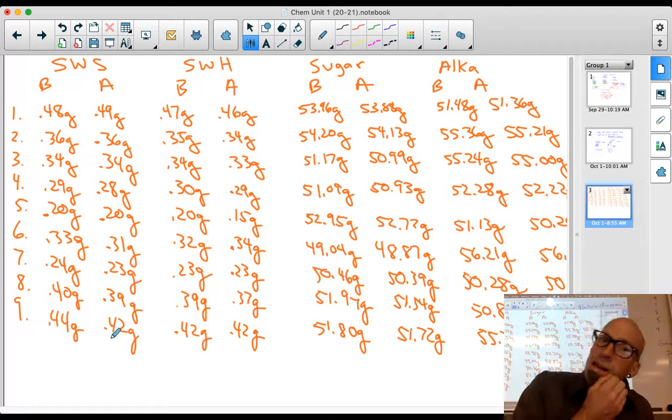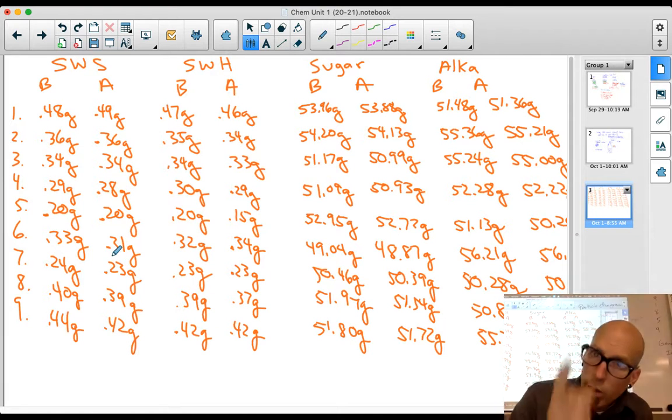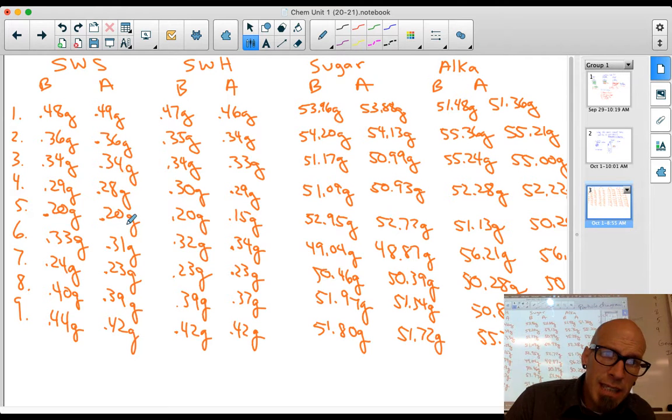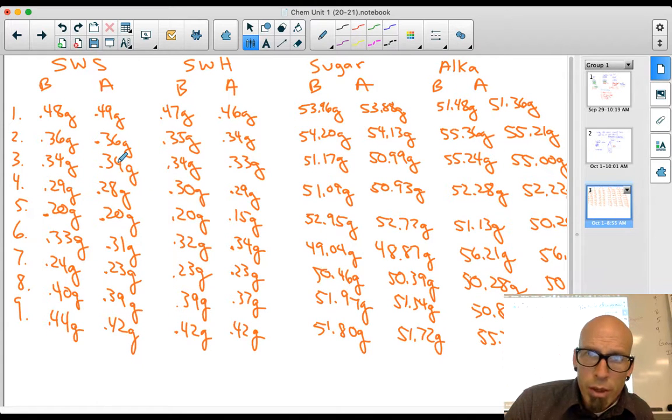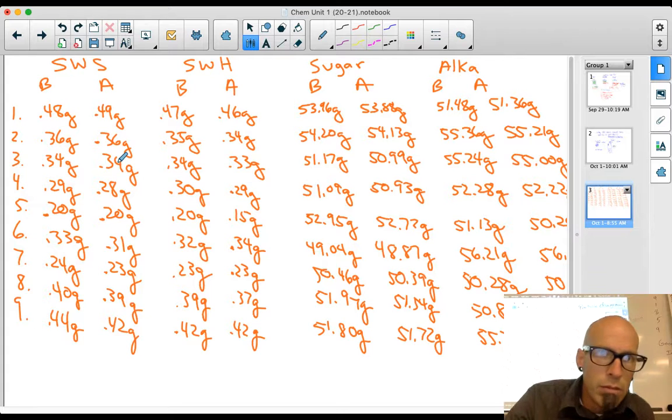Now, I was trying to get some reasonable explanations as to why things changed, went up, why they went down, or why they stayed the same. Those that said it stayed the same, some of them said, well, because we had the same thing that we started with, we ended with the same thing we started with, we didn't add or subtract any steel wool, so it's the same value. Okay.